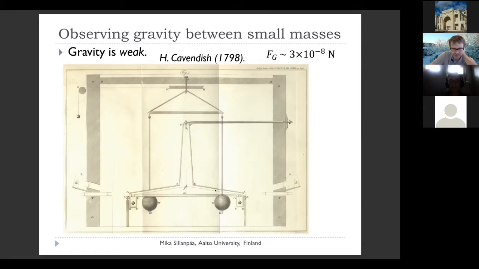So, well, depending a bit where these source masses are, there will be slightly different torsion produced by this kind of system. And he was able to measure very accurately the capital G constant. And the forces here, they are a few tenths of nanonewtons between these. So given the technology of those days, this is quite remarkable.